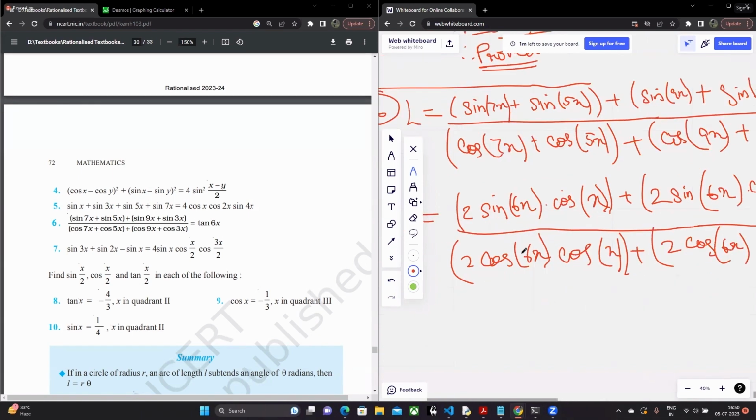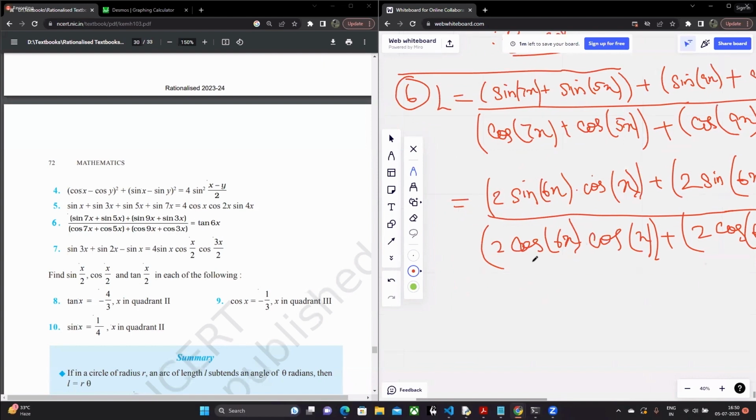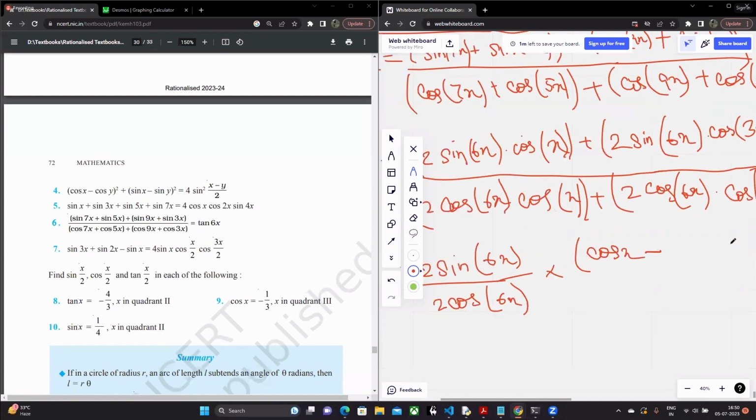Taking all the common terms out, you basically have 2 sin of 6x divided by 2 cos of 6x into, this is basically cos x plus cos 3x, divided by, again it's cos x plus cos of 3x, right?